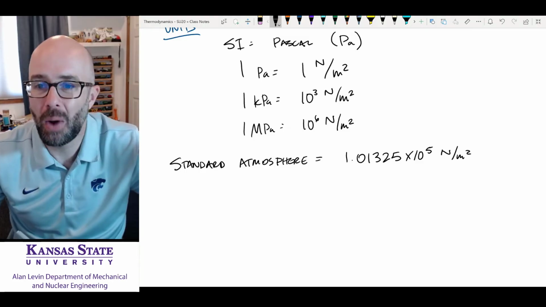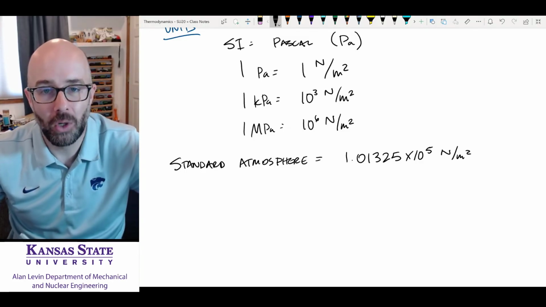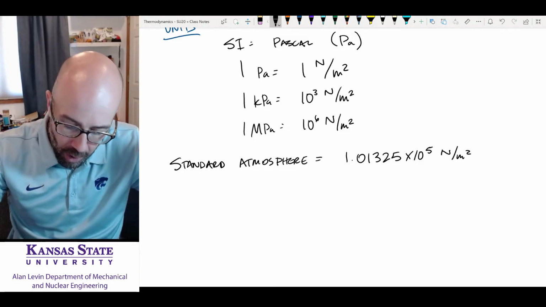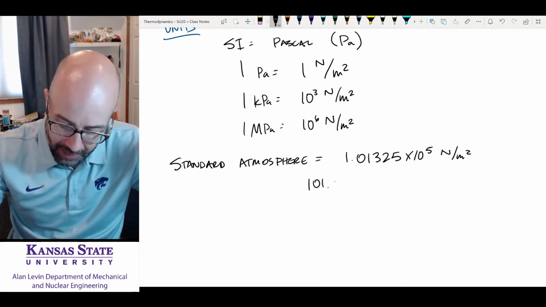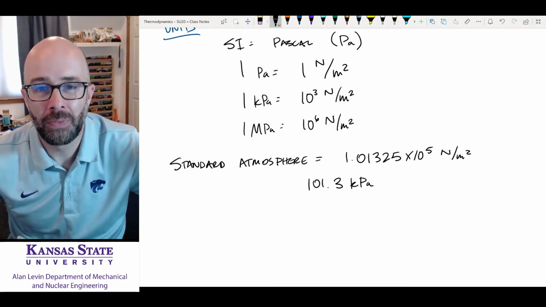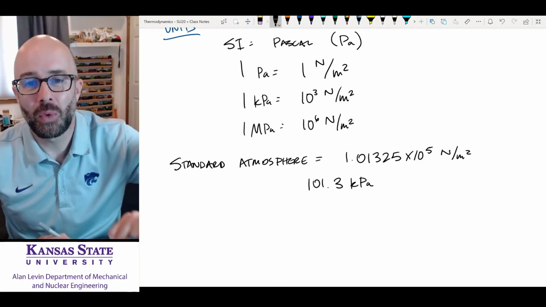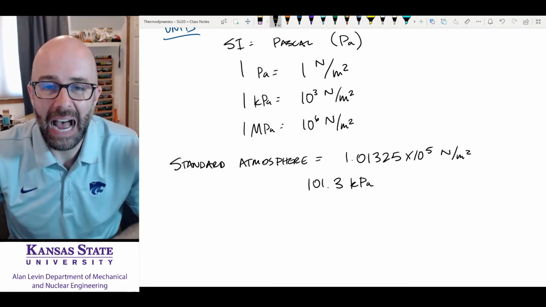That was a decision of what a standard atmosphere was. So we can use 101.3 kilopascals. This is how I remember it: in Manhattan, Kansas, there's a radio station that's 101.5.